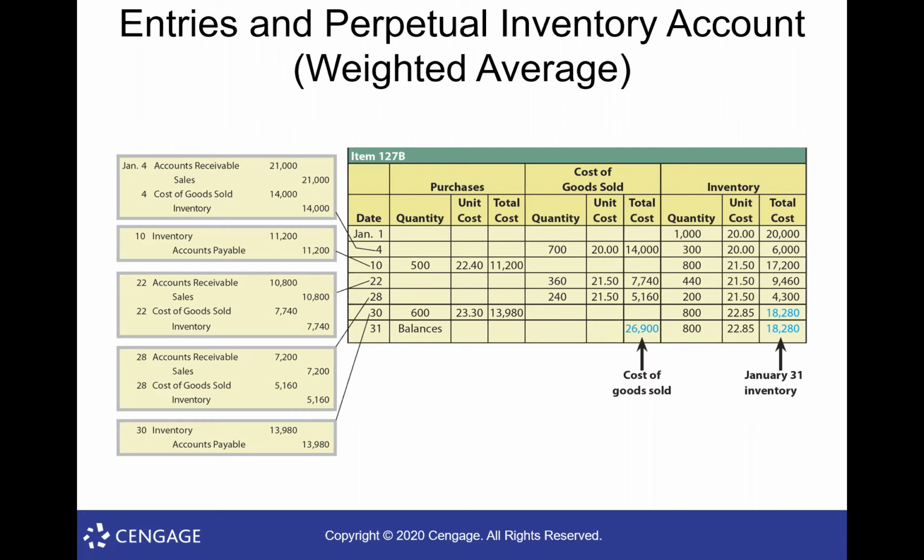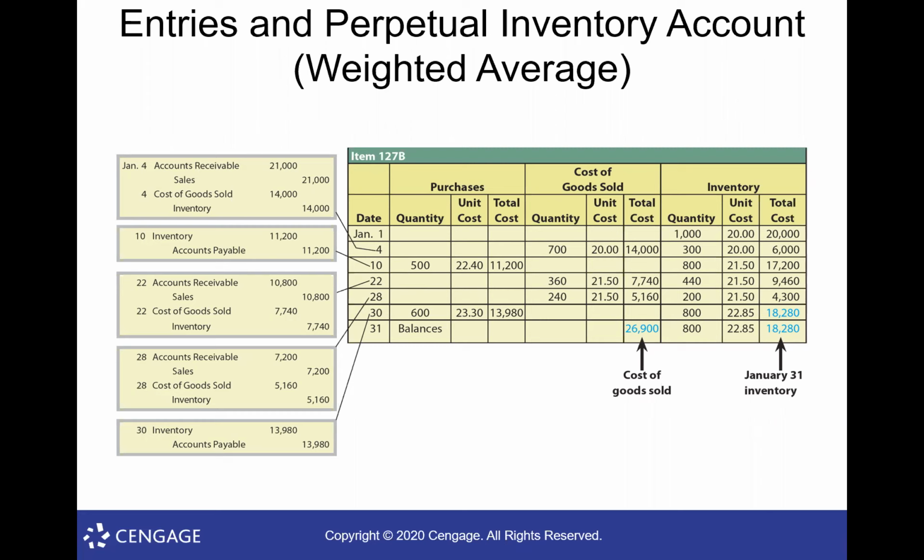The ones I had cost 6,000, and the ones I purchased cost 11,200, so I take 6,000 plus 11,200 to get the total cost. Then I divide the total cost by the quantity, and that gives me the new average cost. That's what's different about this one. We don't keep them separate. Instead, we put it all together and calculate an average cost, okay?